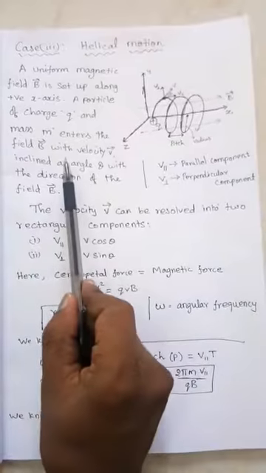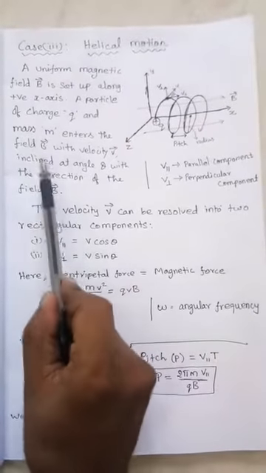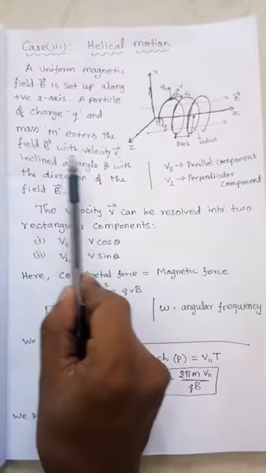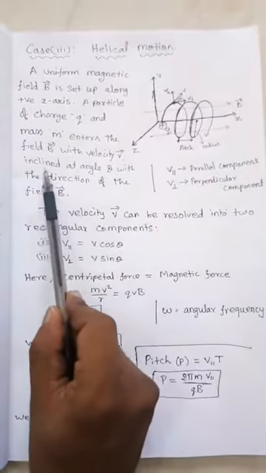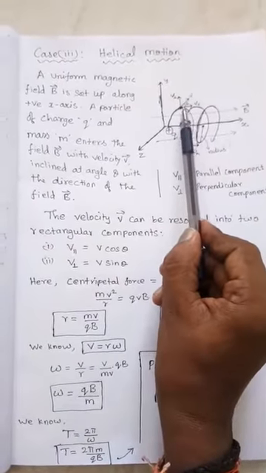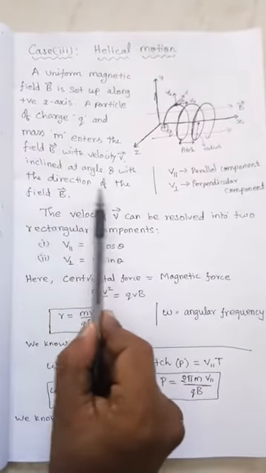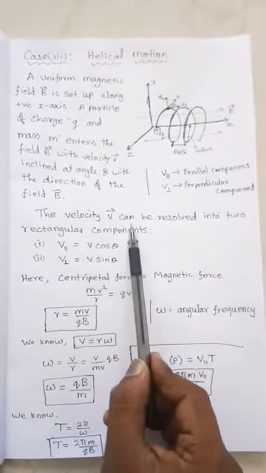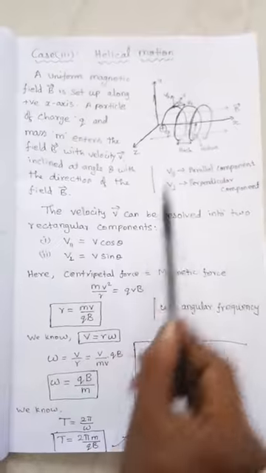So here the mass m enters the field B with the velocity v, inclined at an angle theta. Here one angle theta is created with the direction of the field B. In this case, the velocity v can be resolved into two rectangular components.